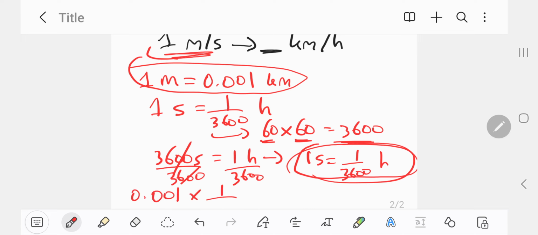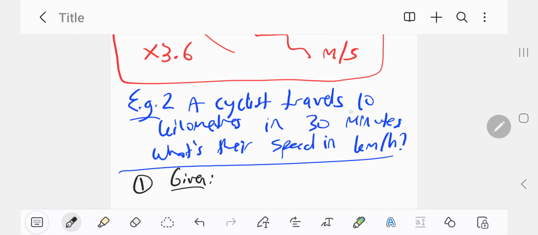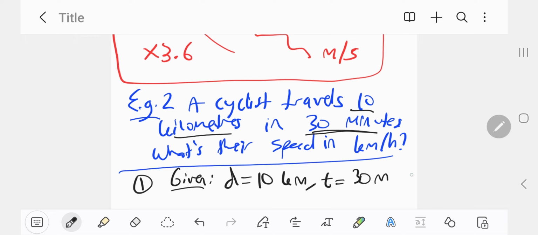This is where the conversion comes in. Step 1, what are we given? Looking at the numbers, we're given 10 kilometers. That's distance. So D distance is 10 kilometers, km for short. Given time T is 30 minutes.